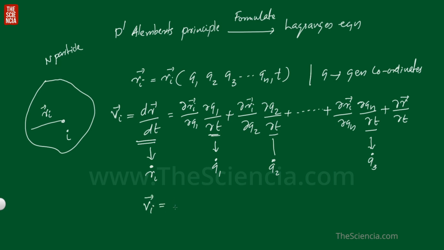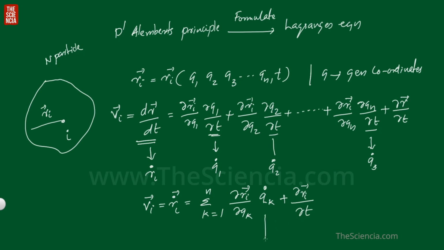It will be equal to Ri dot equal to summation k equal to 1 to n, because we have n coordinates, of dou Ri vector by dou qk into qk dot, plus the last term, that is dou r vector by dou t.